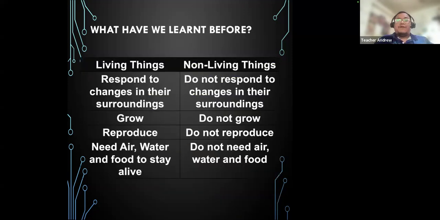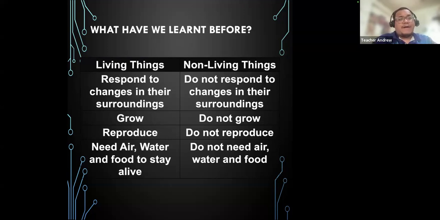We also learned before the comparison between living things and non-living things. Living things respond to changes in their surroundings. For example, if you have a firecracker beside a dog, as the firecracker goes pop, the dog will be scared and run away. This is an example of how a dog responds to changes in its surroundings.